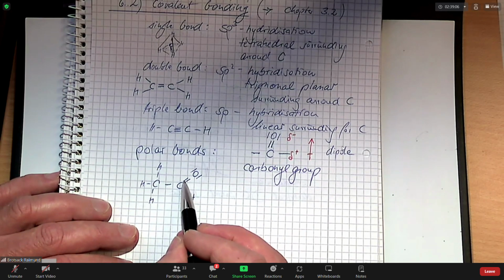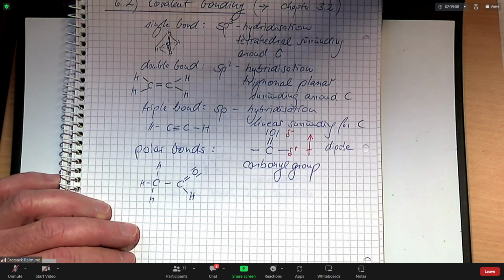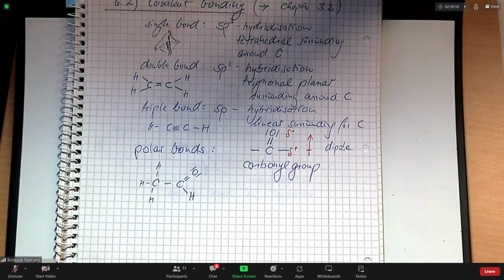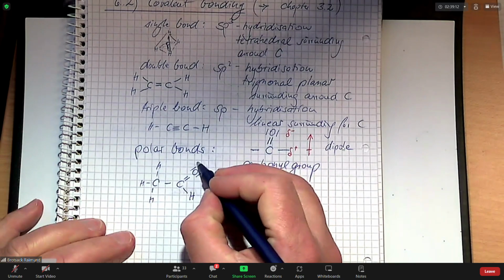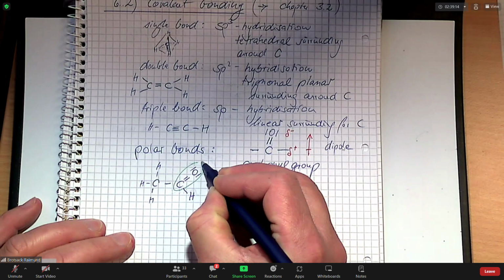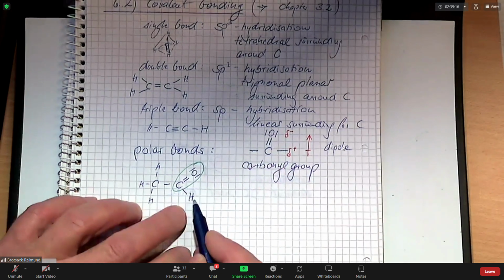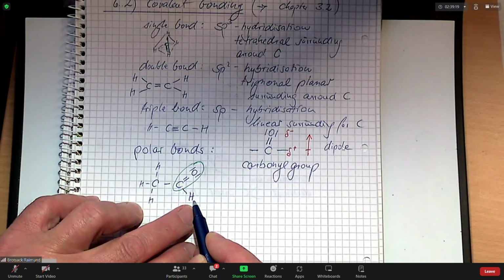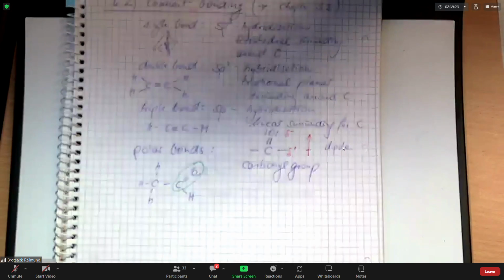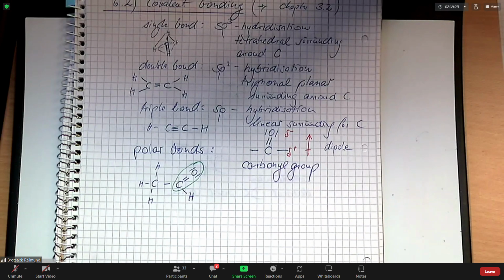And we have 1, 2, 3, 4 bonds on the side of the carbon. The carbonyl function here is at the end because there is no further carbon on the other side. Do you know how these type of molecules are named? That's a special type, a class of molecules.